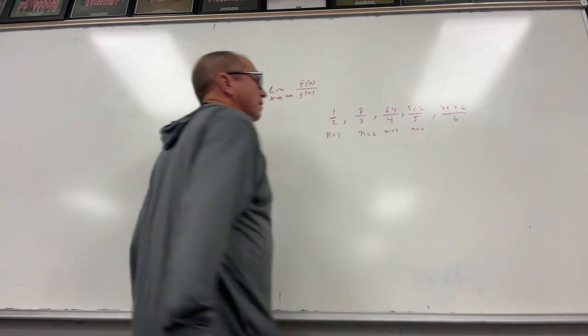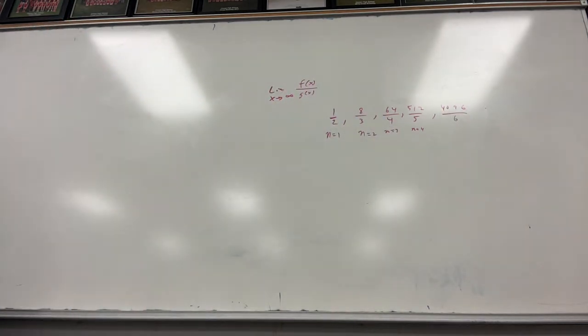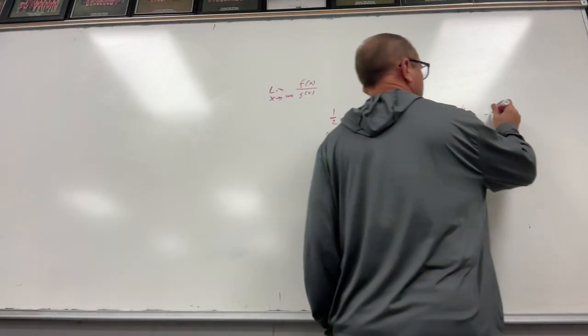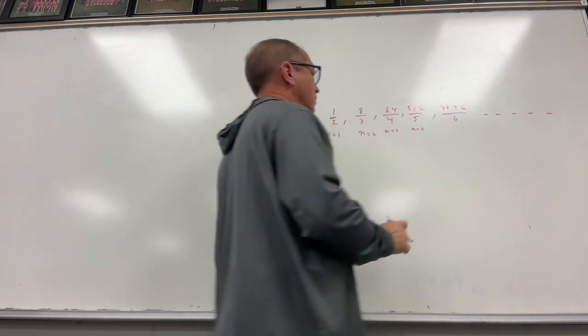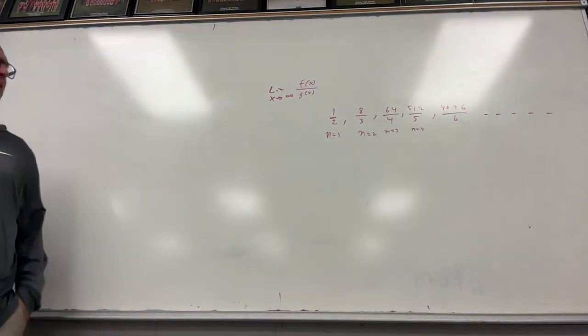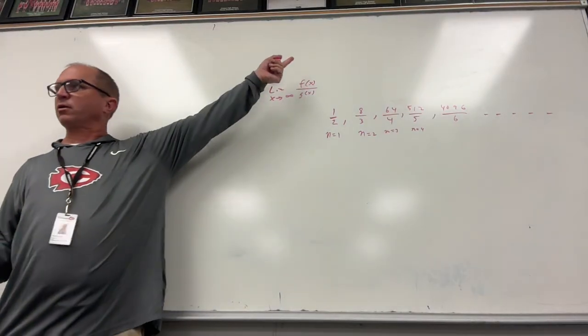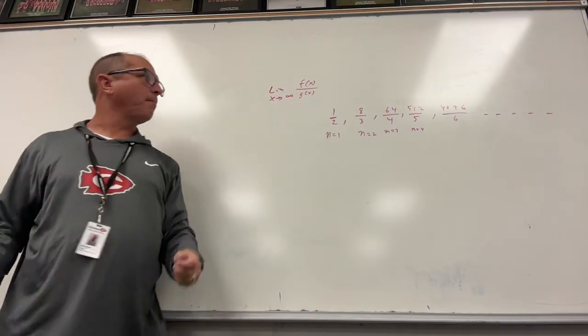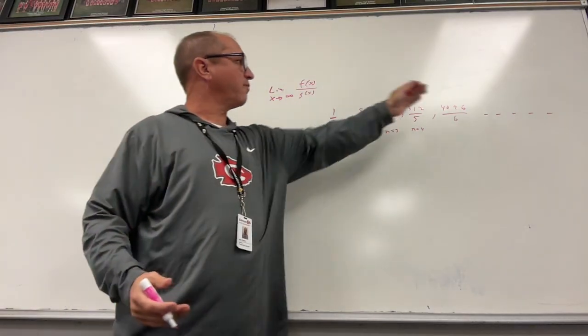All right, so I'm going to hold off right there real quick. You see here that in both cases, both g of x and f of x are increasing. How big will f of x eventually get?